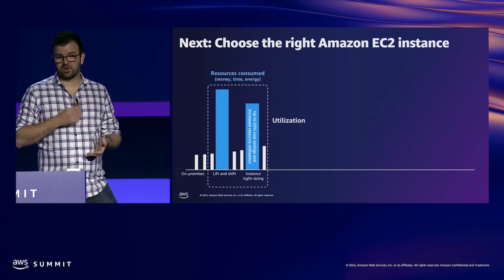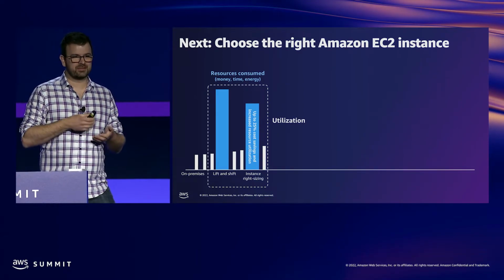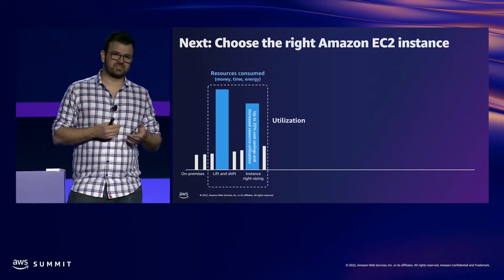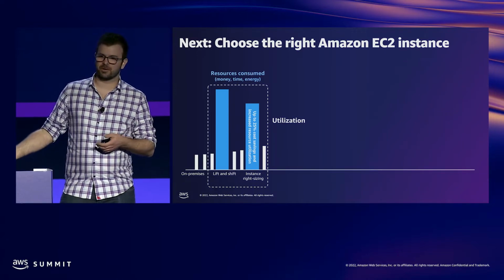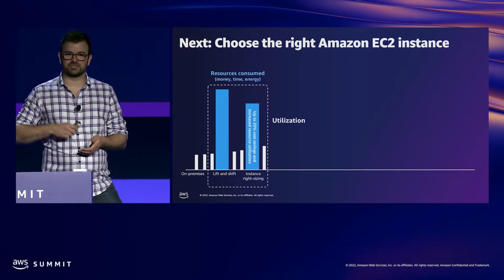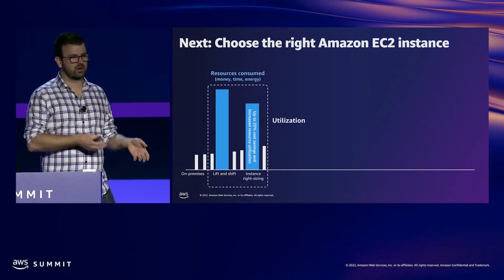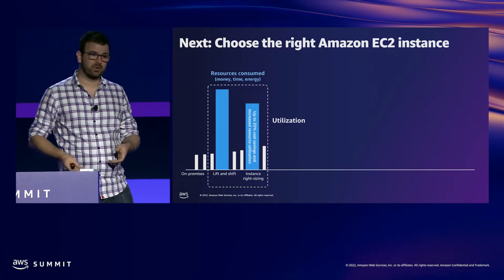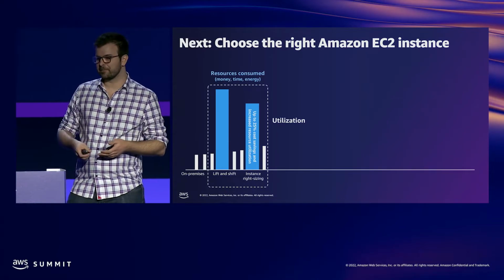I find when most people come from a traditional data center and move into the cloud, they treat AWS just like that data center that they've had before. So customers choose instances that look like the hardware or the VMs that they've been running, and they operate them in the same way, just leaving them up all the time.